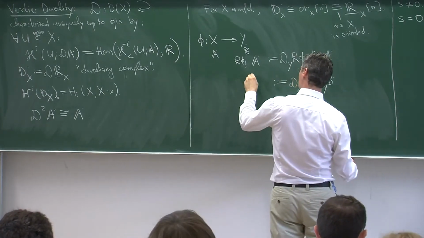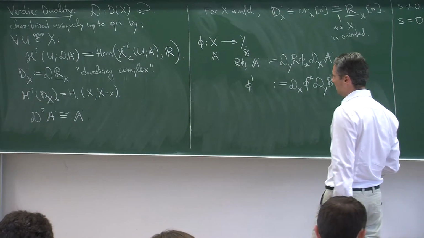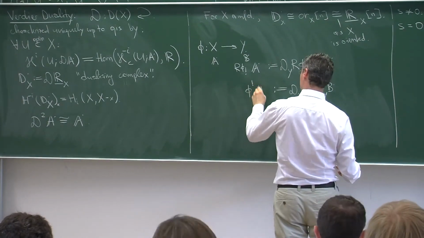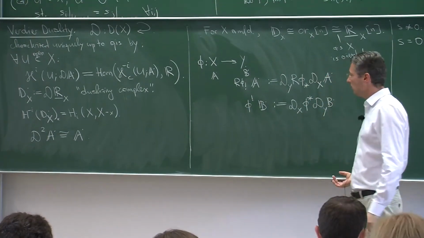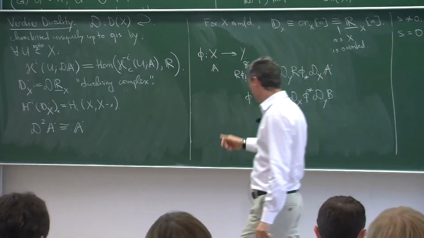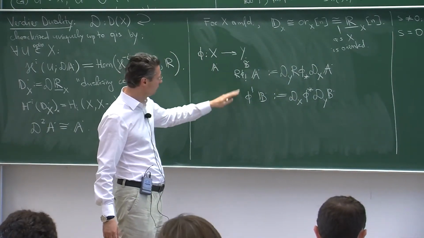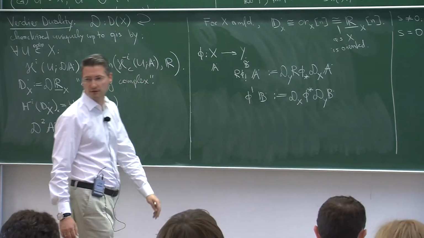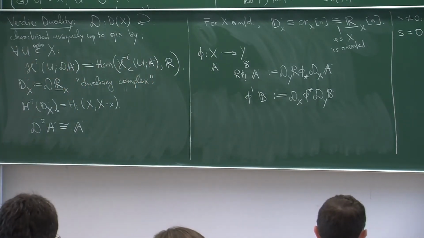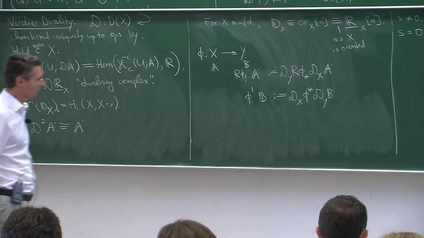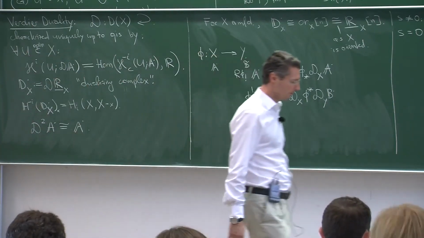It's correspondingly called phi upper shriek of B. These are called push forward with proper supports or pull back with proper supports and so on. So these will also play an important role in intersection homology theory.